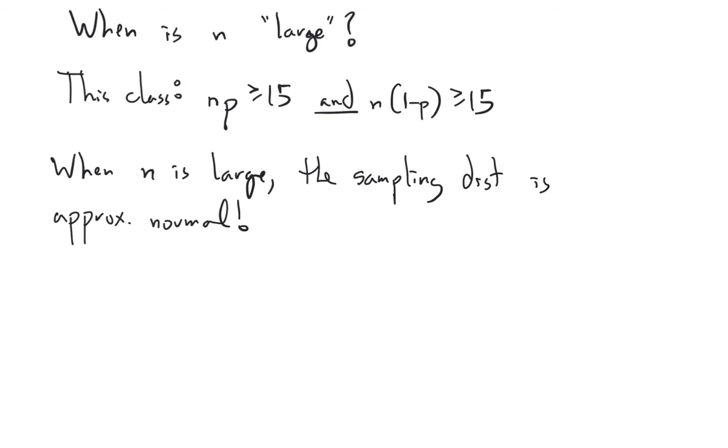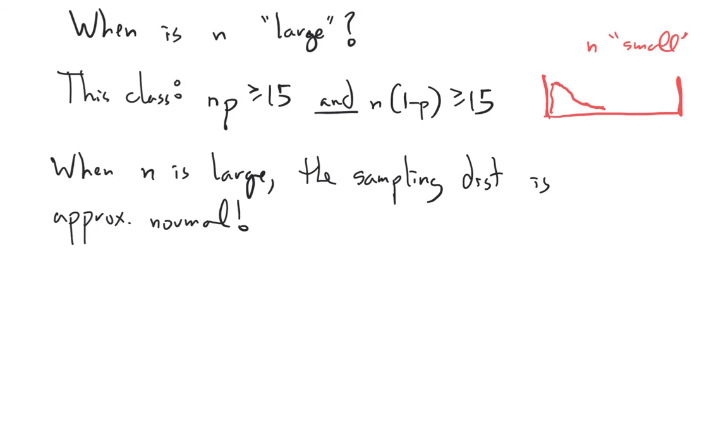And the reason that is, we talked a little bit about this when we were talking about the binomial distribution, but if n is small, if one of these two things fails, what that means is we get kind of a distribution that butts up against either 0 or 100% too much, and it doesn't look particularly normal.